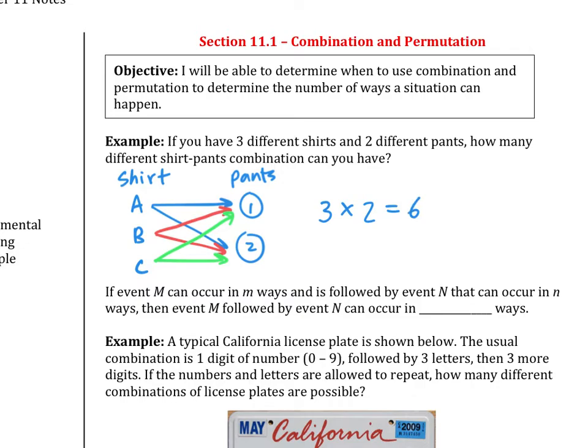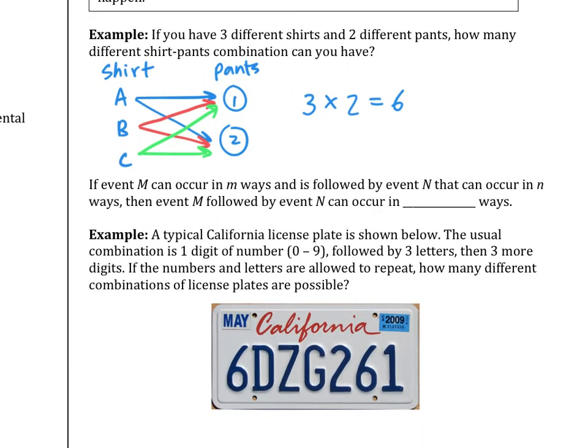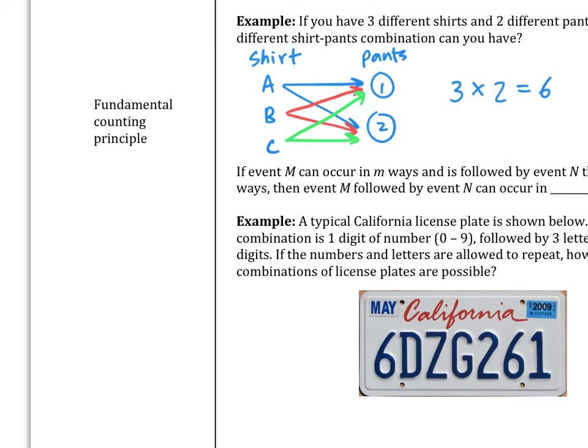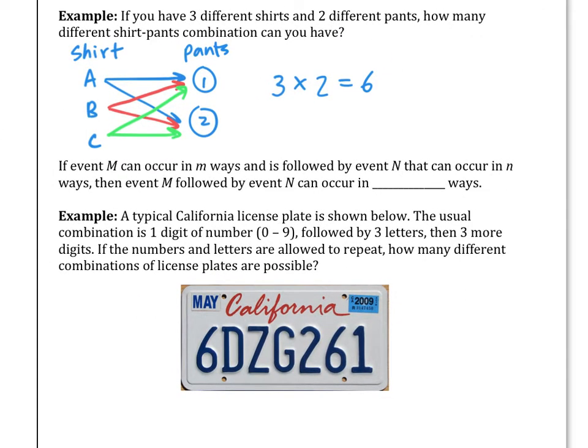And that is the fundamental counting principle, which says if event M, something like picking a shirt, can occur in M ways, in this case 3 ways, and is followed by event N, in this case picking a pair of pants, and that can happen in N ways, in this case 2 ways, then event M followed by event N can occur in M times N ways.